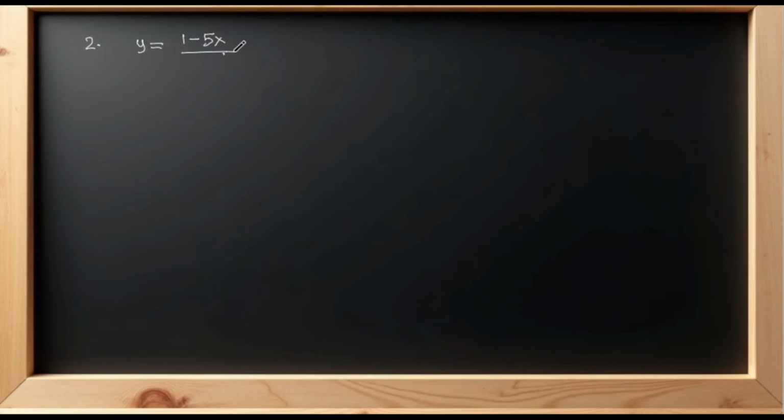So we have du by dx equals 12 into 6x plus 5.